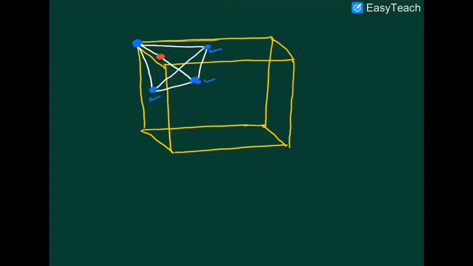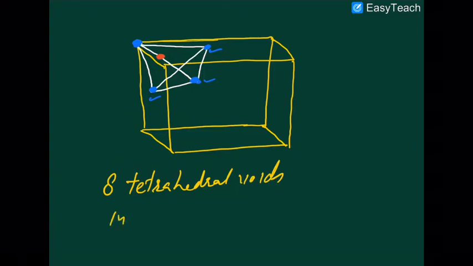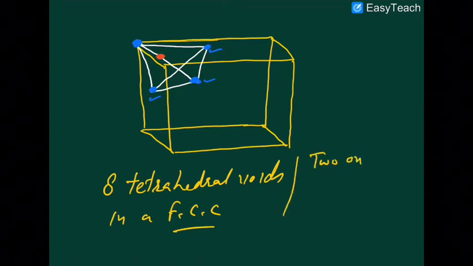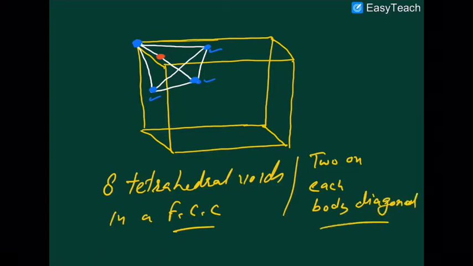So how many are there? There are 8 tetrahedral voids in an FCC geometry. How? 2 on each body diagonal. 2 tetrahedral voids on one body diagonal.